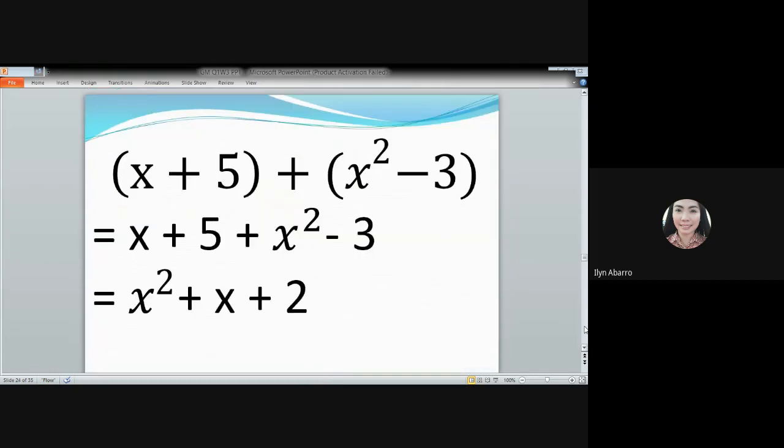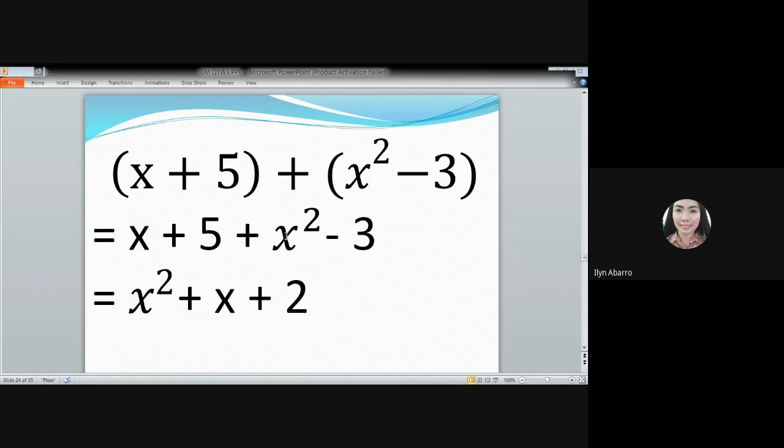X plus 5 plus x squared minus 3. Okay, again, we will combine the similar terms. Ganito yung technique. You always look for, para organize yung inyong pagsusolve, always prioritize the term with the highest exponent or highest degree. In here, it's x squared. So we are going to look if x squared has similarities among other terms.